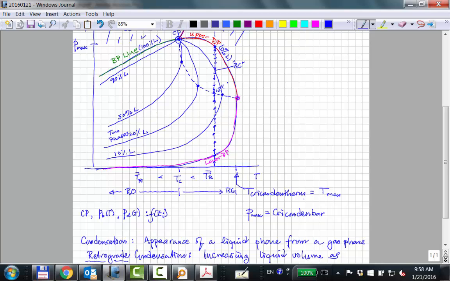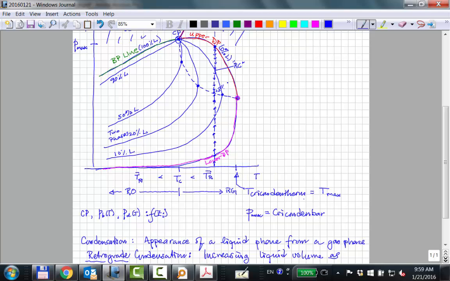But in the 1930s, people like Donald Katz in the 40s, around 1940, in fact, there's a paper written on retrograde condensation. A guy named Katz was the first author, and Kurata, I think, was one of his students or a colleague, and they wrote this paper on the observation of retrograde condensation in petroleum reservoir systems.